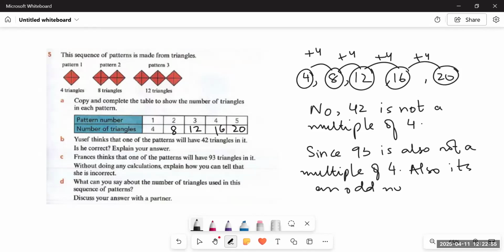Also, it's an odd number, so it can't be part of the pattern.